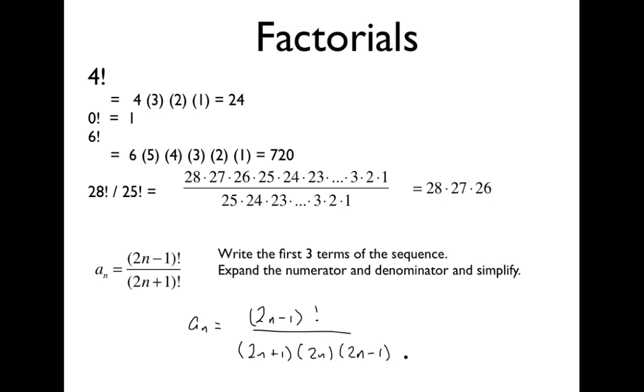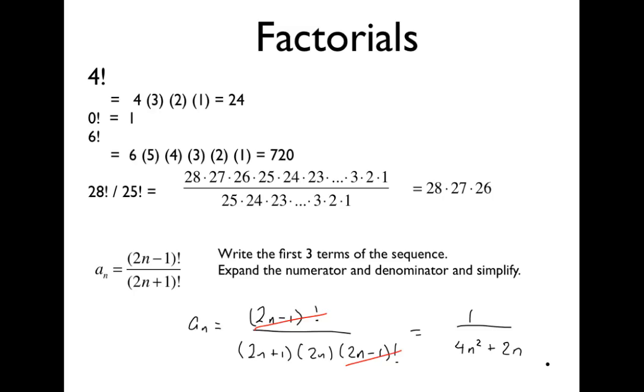The rest of the terms of 2n plus 1 would be the same as the terms of 2n minus 1 factorial. So we get the sequence 1 over 4n squared plus 2n. That is equivalent to the original form of the sequence that I gave you.